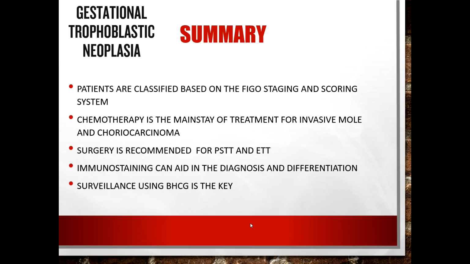Patients are classified based on the FIGO staging and scoring system. Chemotherapy is the mainstay of treatment for invasive mole and choriocarcinoma, while surgery is recommended for PSTT and ETT. Immunostaining can also aid in the diagnosis, and surveillance should be done for proper monitoring of these patients.